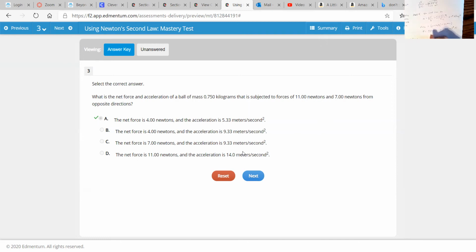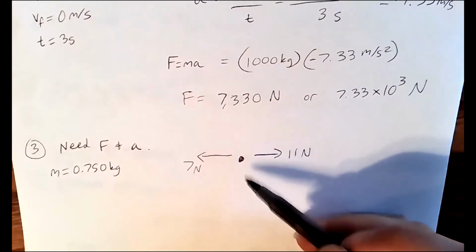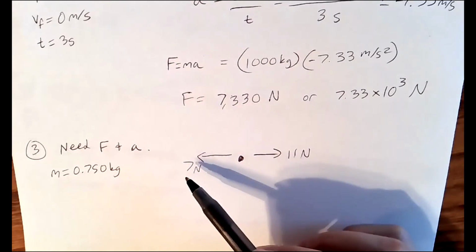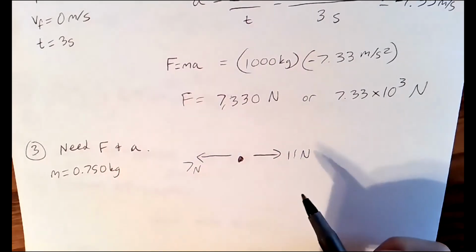So we can draw that out. We'll say 11 newtons are going this way, 7 newtons are going the other, and the mass equals 0.75. Okay, so this little object, mass 0.750, has 7 newtons going this way, 11 newtons going the other way.